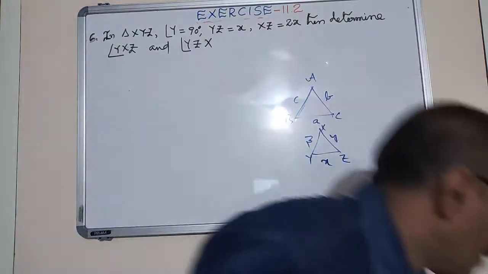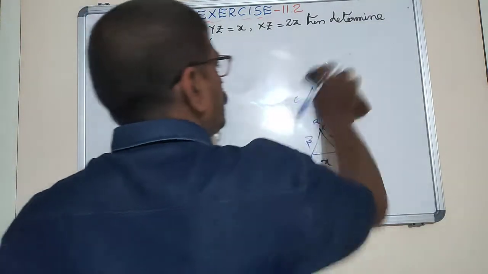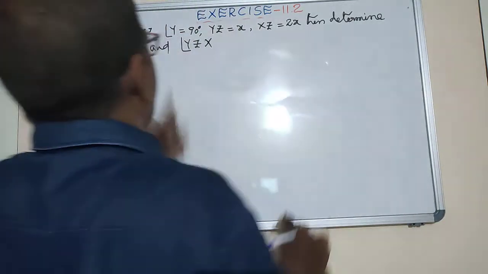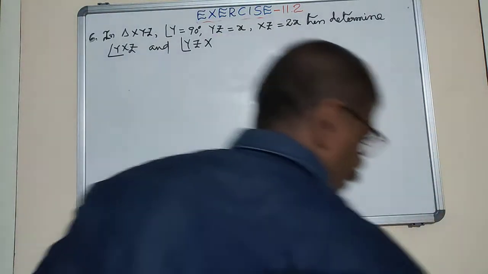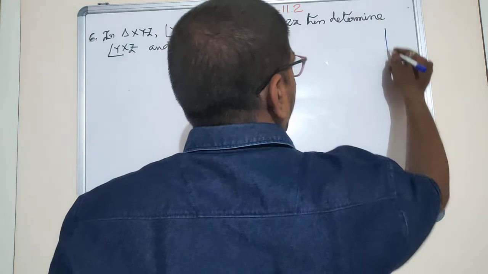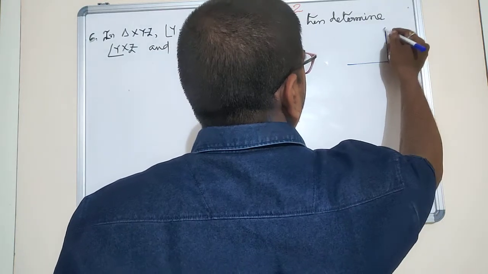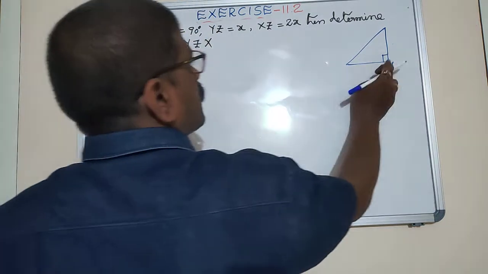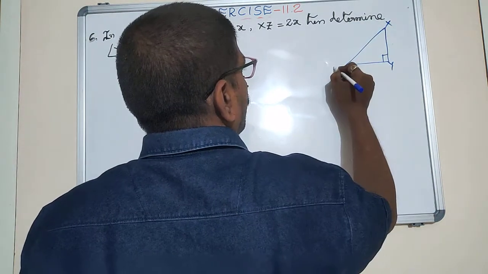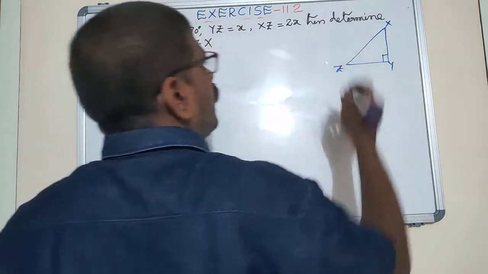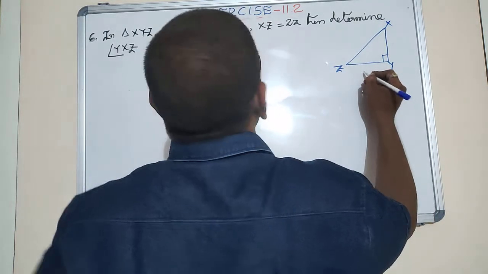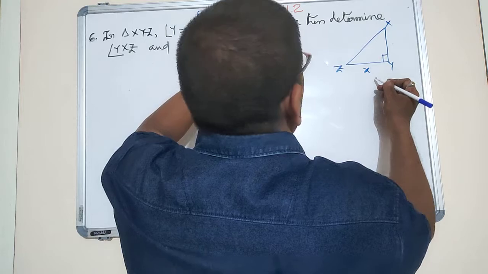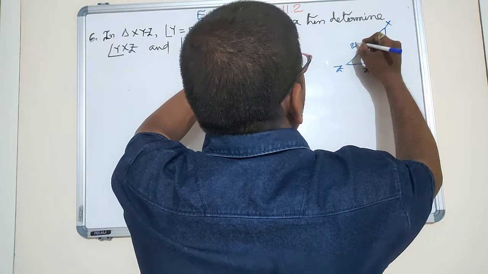Okay. Now, first of all, we can take the right angle triangle. So right angle at Y. Y is 90 degrees. We can take X, Y, Z. Now YZ can be written as x. Now XZ is 2x. Clear?